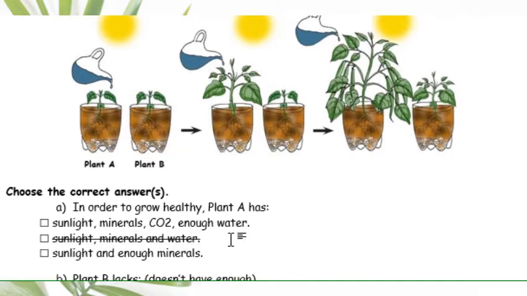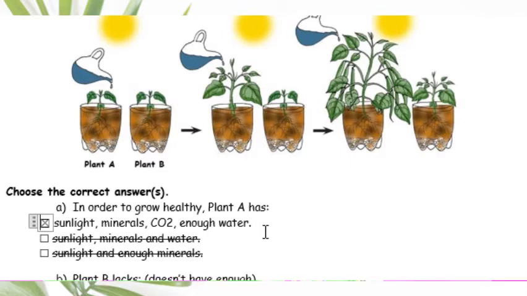Since CO2 in here is absent, this means that this answer is wrong. Without CO2, plants cannot grow healthy. Sunlight and enough minerals. So the third choice misses water and carbon dioxide. So the first choice is the correct answer.